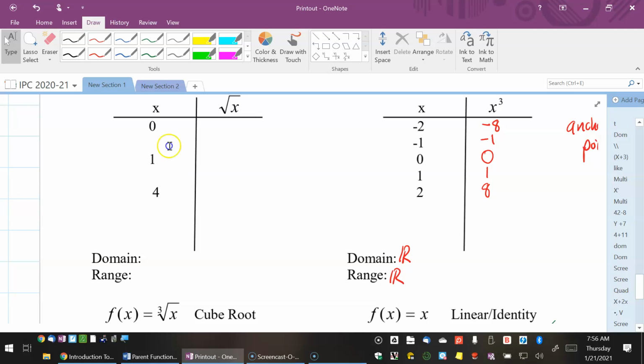Because these are roots, I can't do -2 to 2, especially in the case of square root, because I want my x's to work out evenly. So for square root, I pick x's that are perfect squares. Square root of 0 is 0. Square root of 1 is 1. Square root of 4 is 2.